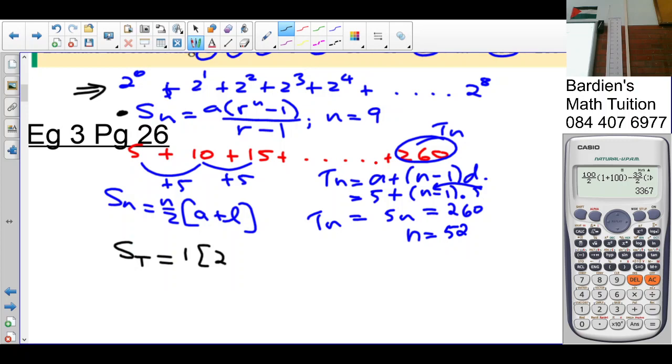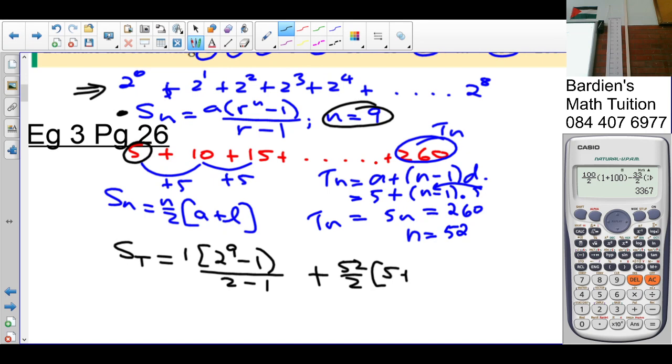What's my n value? 9. So (2 to the 9 minus 1) over 2 minus 1, and we're going to add the other sequence, which is 52 over 2 into a, the first term 5, plus the last term, which is 260.